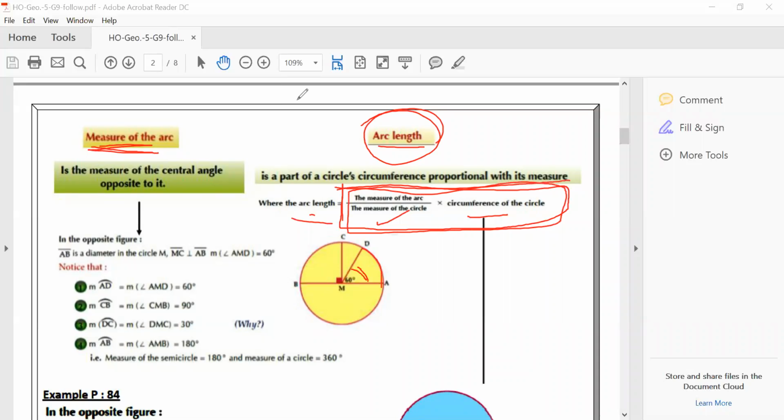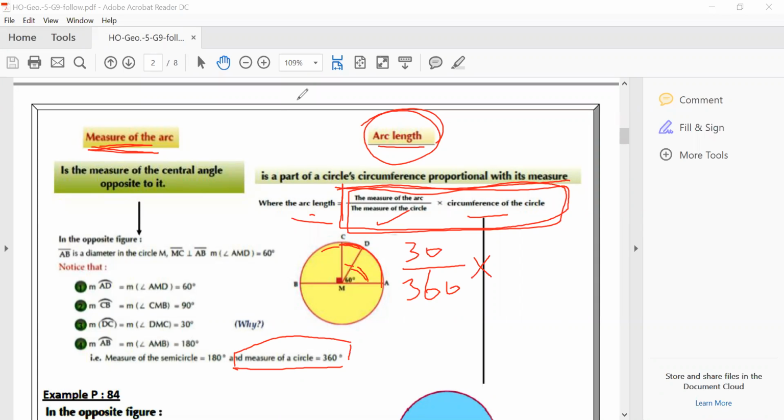There is a rule to get the arc length. The measure of the arc, for this example, if I want the length of DC, we have got the measure of the arc DC is 30, so it will be 30 over the measure of the circle, which is constant for all circles, 360, times the circumference of the circle.